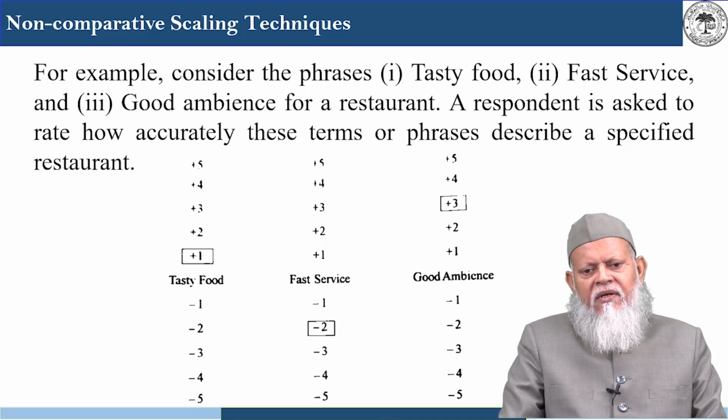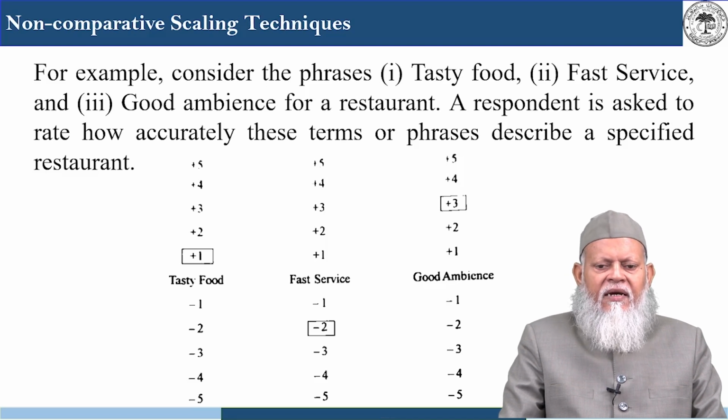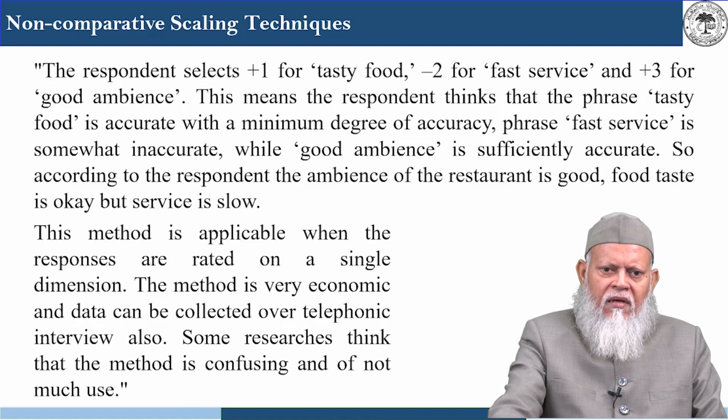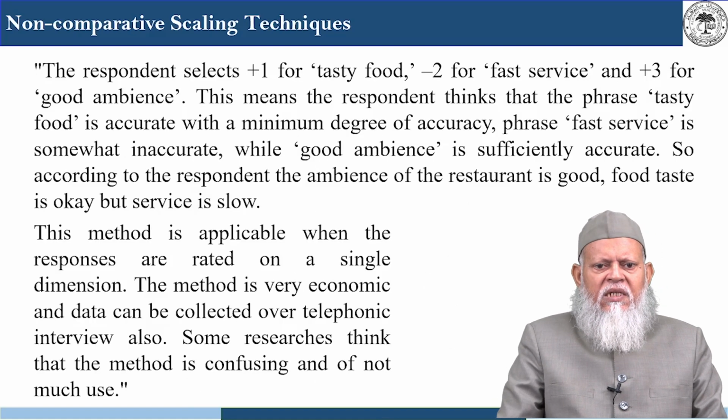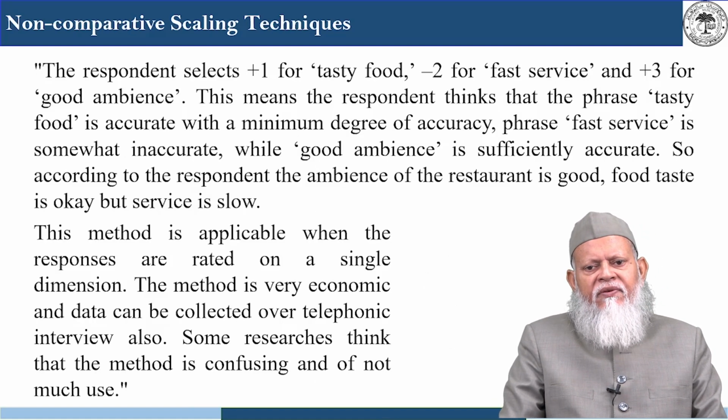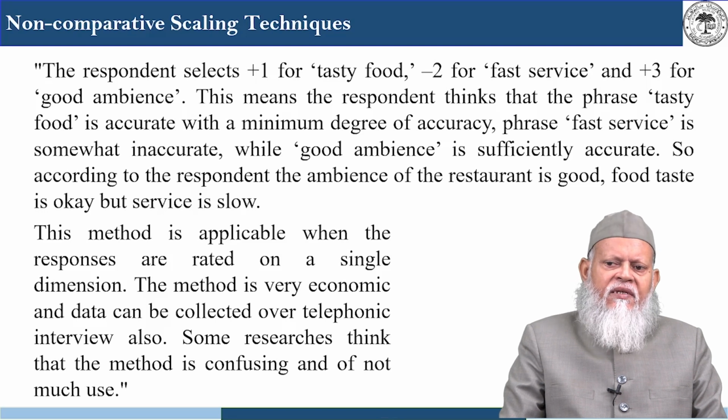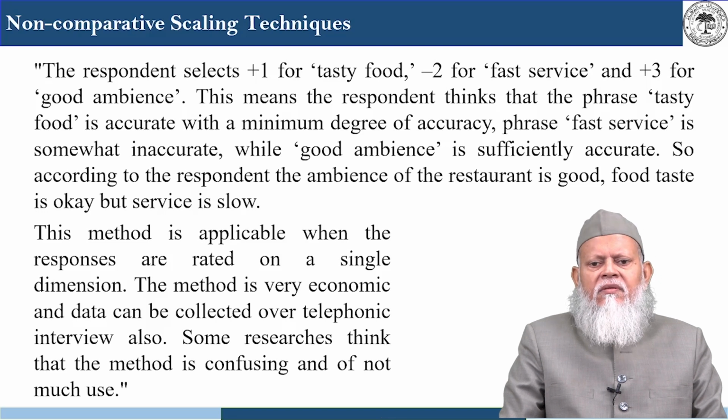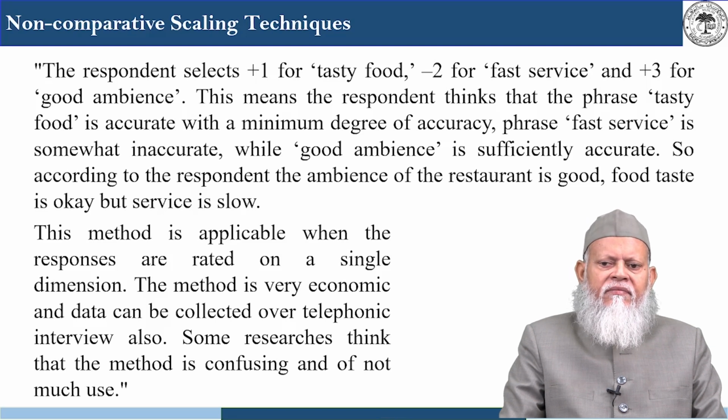And from this we can always arrive at some conclusion about the rating of the restaurant. So the respondent selects +1 for tasty food, -2 for fast service, and +3 for good ambience. This means that the respondent thinks that the phrase tasty food is accurate with a minimum degree of accuracy.